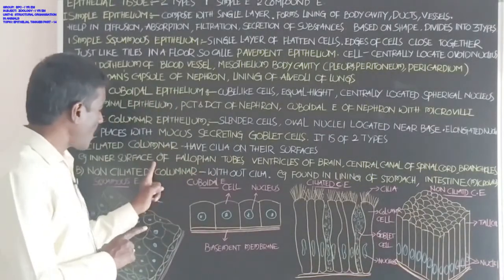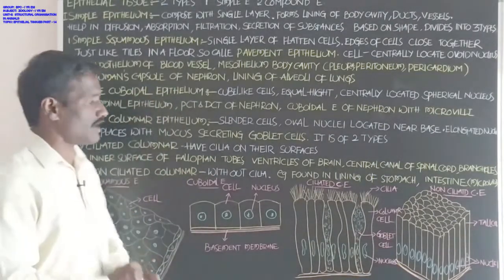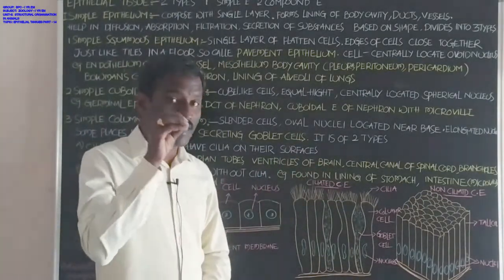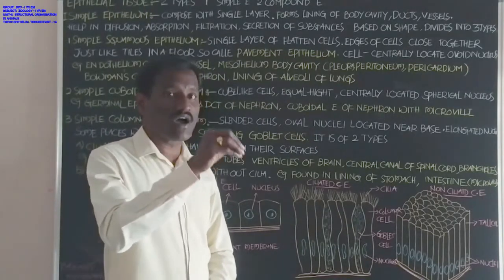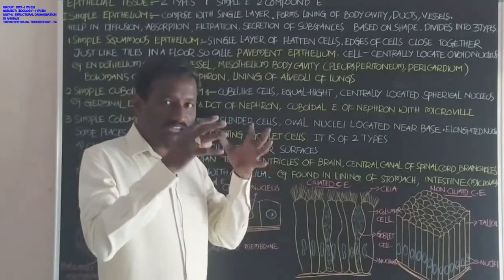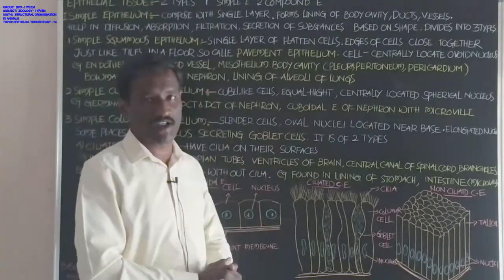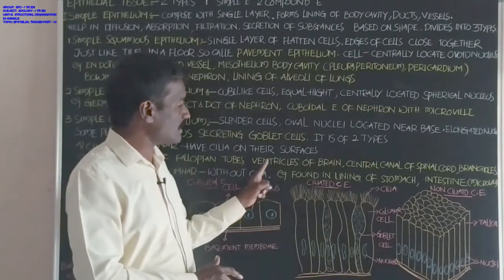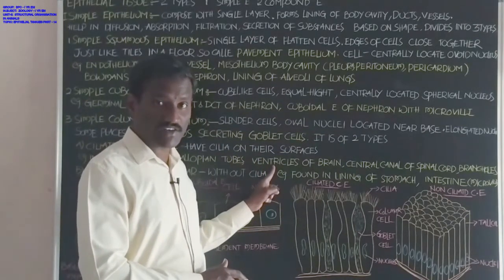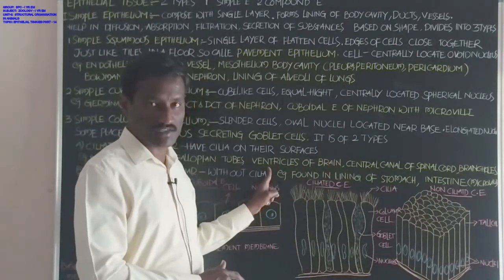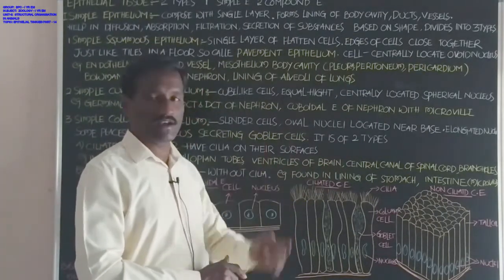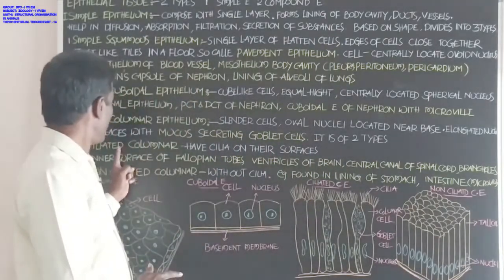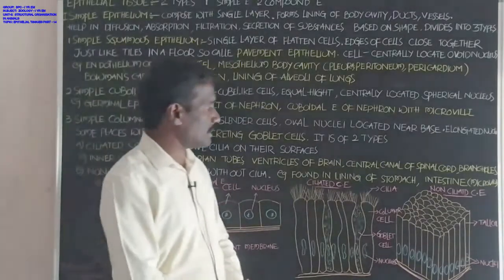The inner surface of the fallopian tube is lined with ciliated columnar epithelium. And the ventricles of the brain: the inner part of the brain has cavities, called ventricles, and they are also lined with simple ciliated columnar epithelium.